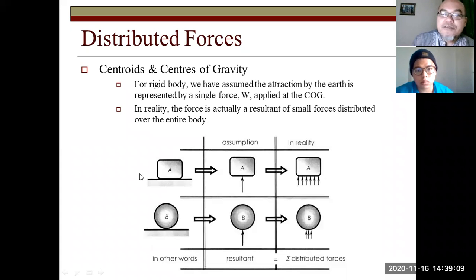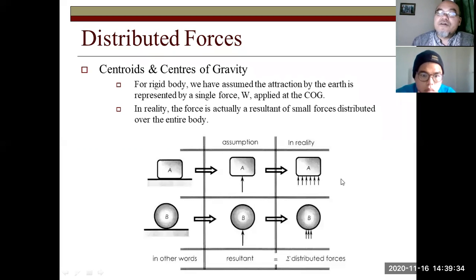For example, here in the first part, the upper rectangular shape A, the assumption is that the weight happens only at the center, a single weight at the center of that mass. However, in reality, the weight is distributed across the whole cross section of that structure.